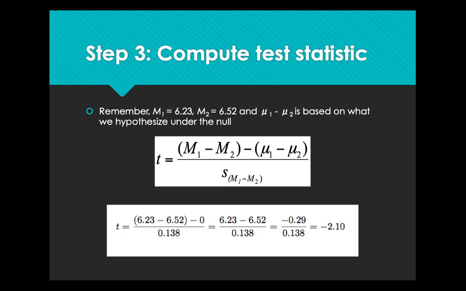That difference will be 0. They will be the same. No difference. And then divide all of that by the estimated standard error, which we just did on the previous slide, and we calculated it to be 0.138. And so when you do that math, you get a t value of negative 2.10.